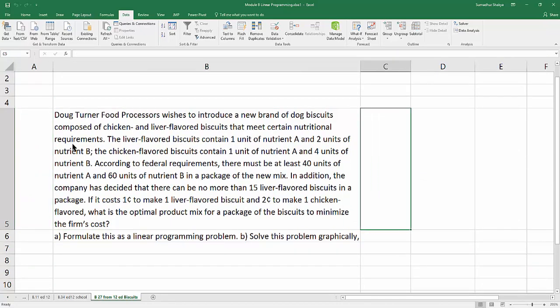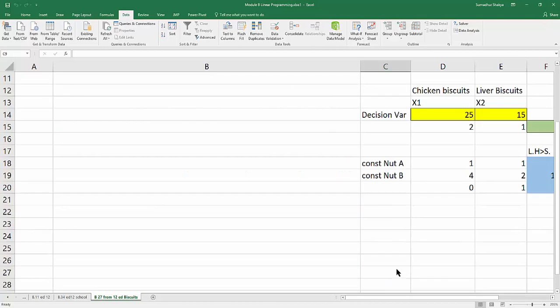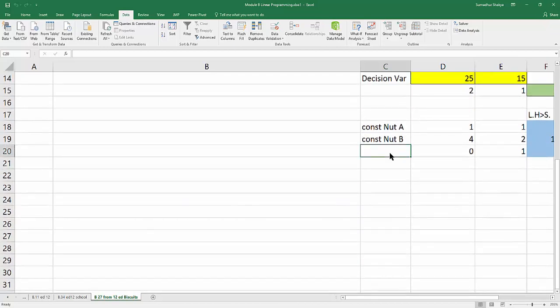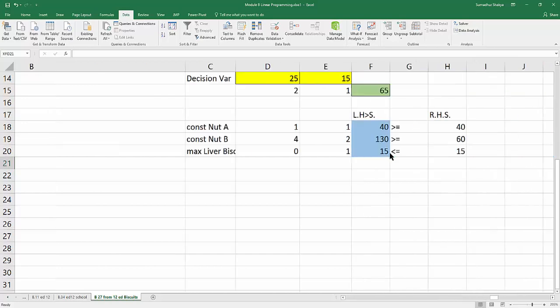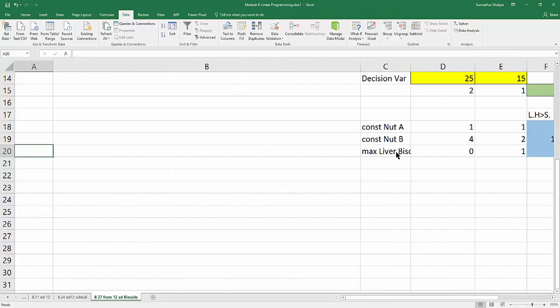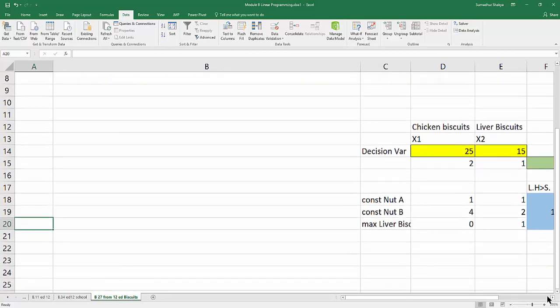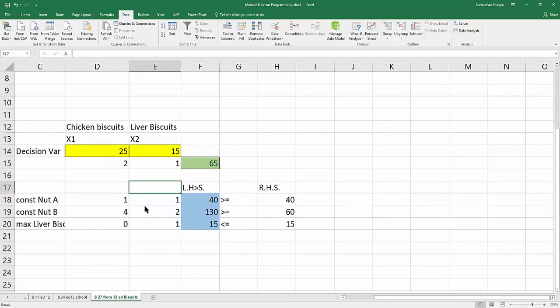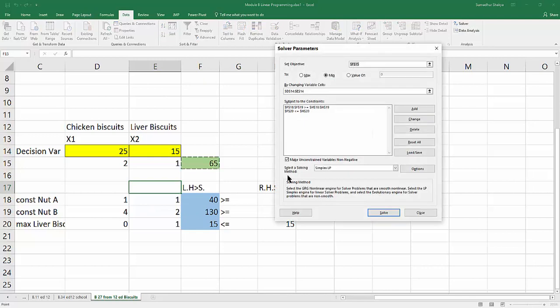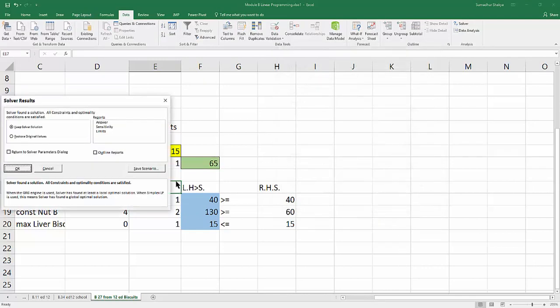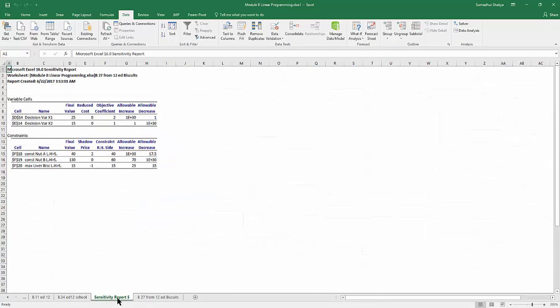So let's name this max liver biscuits. Okay, at this point we go back, which we've already solved, but this time, in addition to keeping the solver solution, we are also going to create the sensitivity report, which has been created here.